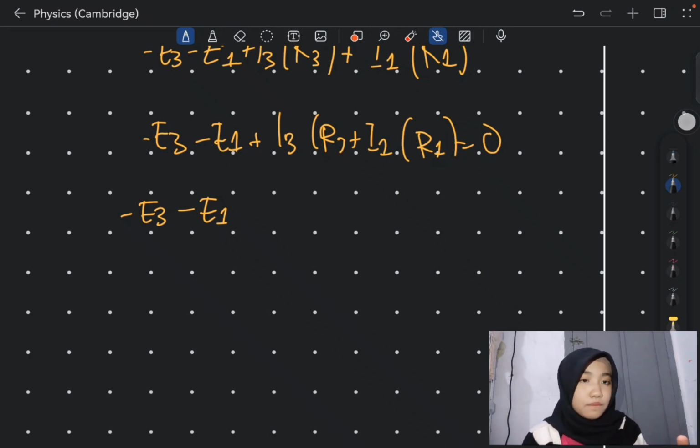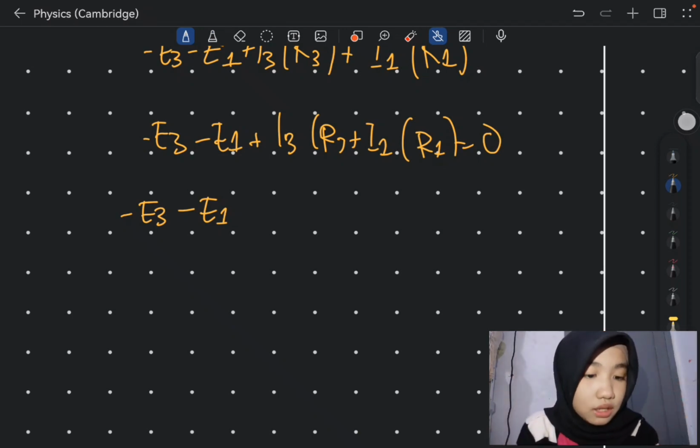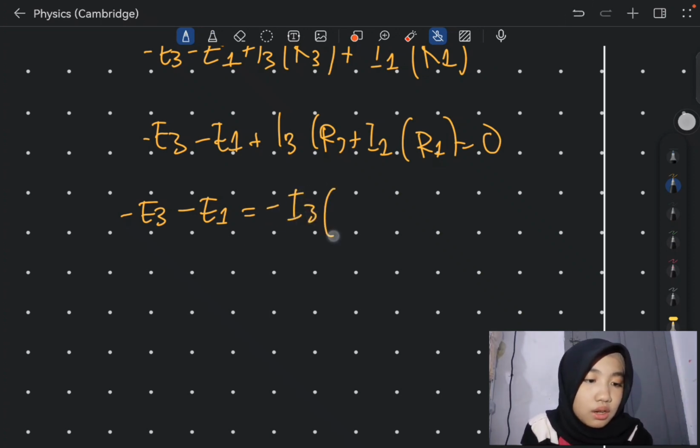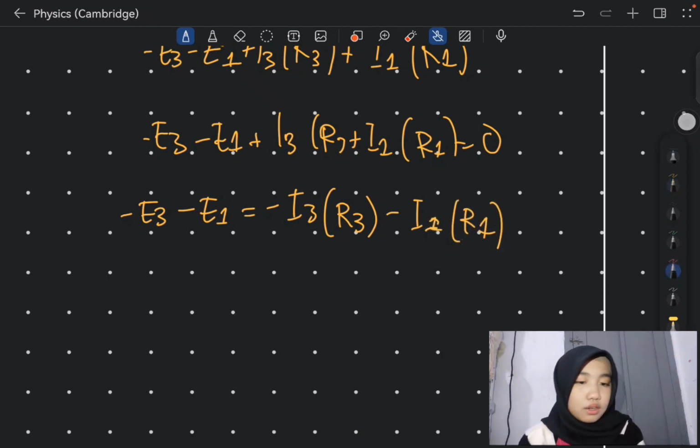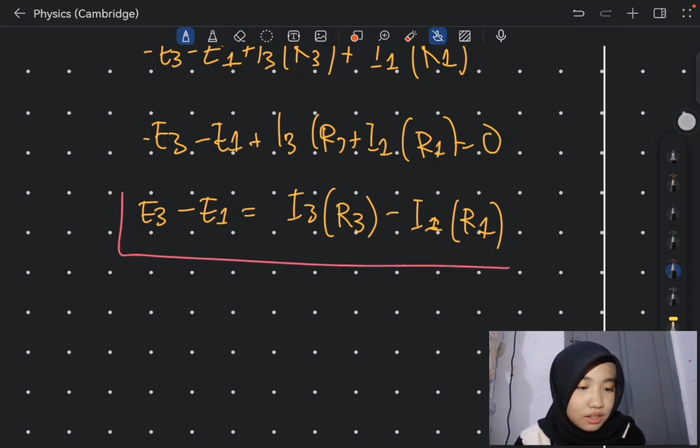So let's shift it to become negative I3 R3 plus negative I1 R1, and then let's get rid of the negatives here. And there we have it. Now this is the answer, I suppose.